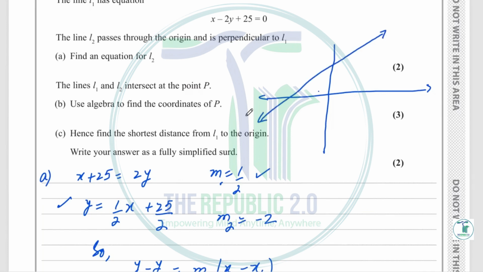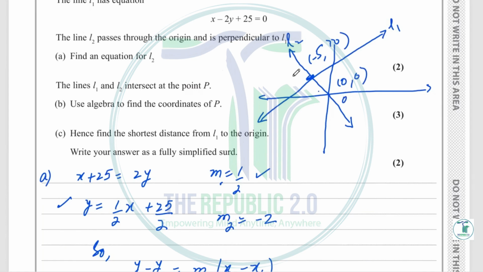Now the other equation is y equals negative 2x. So it must be perpendicular to this one, somehow like this. So this point of intersection, which is a common point of both L2 and L1, was negative 5 and 10. We just need to calculate the distance of this point from the origin, and that is 0 and 0.